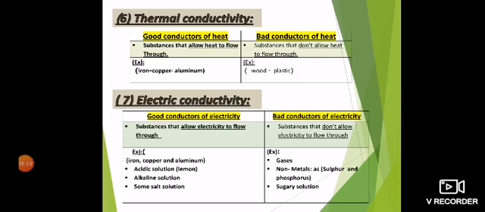Examples of bad conductors: gases, non-metals such as sulfur and phosphorus, and sugary solution. So we can distinguish between salt solution and sugary solution by the conductivity. The salt solution is a good conductor of electricity, but the sugary solution is a bad conductor of electricity.